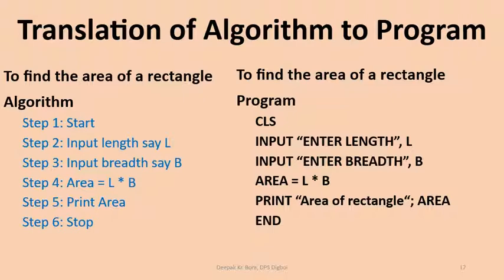But in the beginning you have to follow these 3 steps. First, solve it in your copy, then based on that you write an algorithm, then translate the algorithm into program. I hope you have understood this.